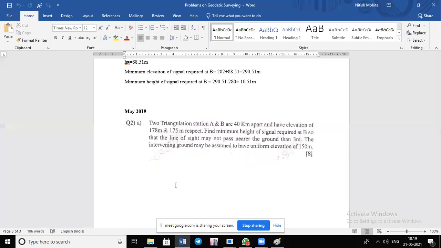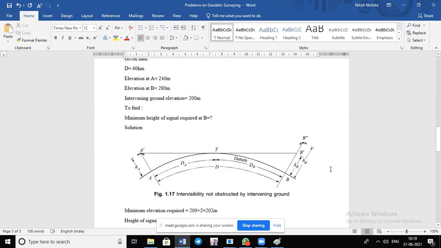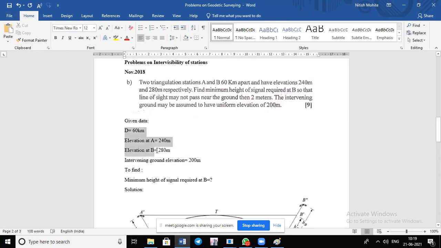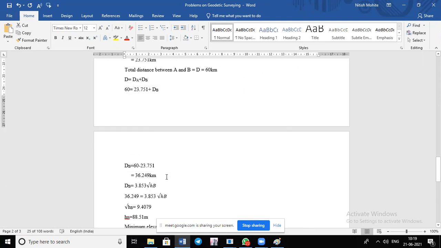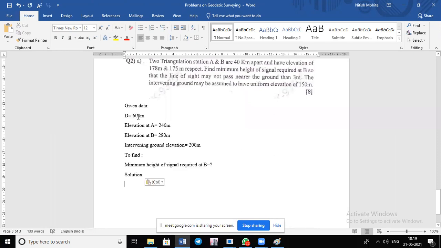So first of all we'll write down the given data. I'll just copy this from above. What is the given data? Distance is 40 kilometer.